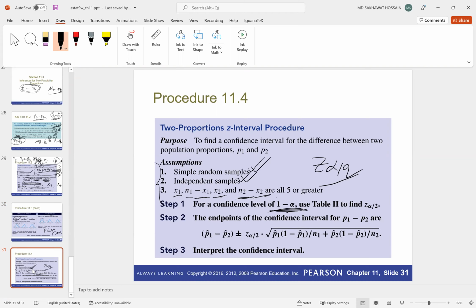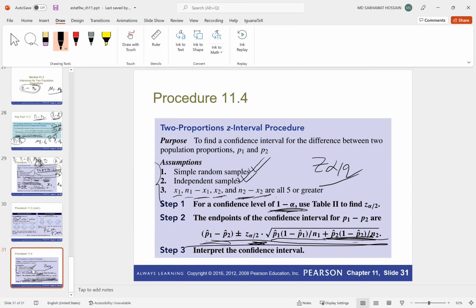Okay, this is the formula to calculate the confidence interval: the difference of two proportions, P1 hat minus P2 hat, plus or minus the critical value Z alpha over 2 times the square root of P1 hat times 1 minus P1 hat divided by N1, plus P2 hat times 1 minus P2 hat divided by N2.